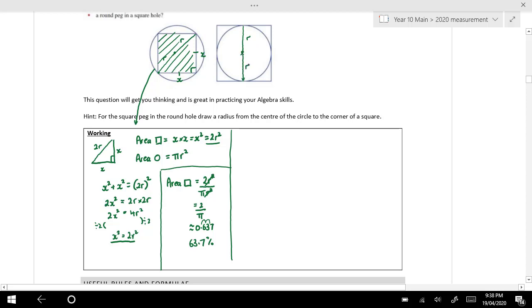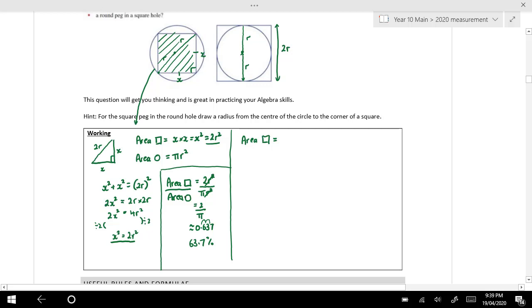So the area of the square is equal to, well, this distance here is going to be 2r. Feel free to pause this if you like, because we're going to do exactly the same thing. We want to find the area of the square, we want to find the area of the circle, and then we want to find the area of the smaller thing over the big thing.